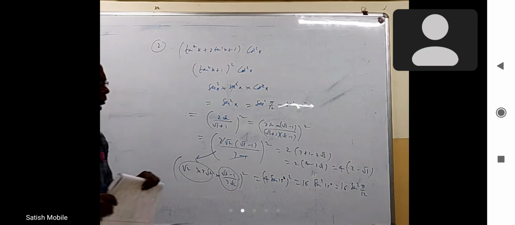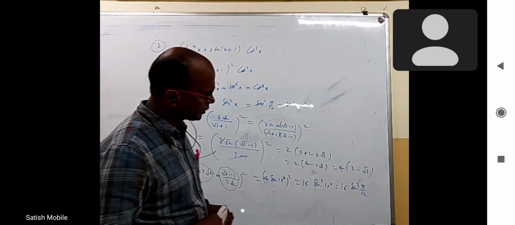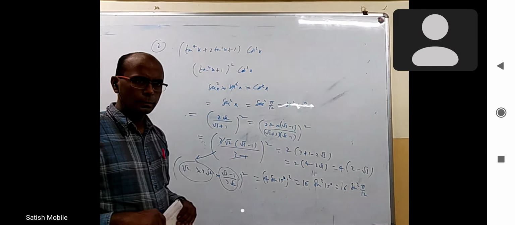Okay. But 2 minus root 3, is it tan 15 degrees? Tan 15 is 2 minus root 3 only, right? So if they wanted, they could give one option as 4 tan 15 also, right?